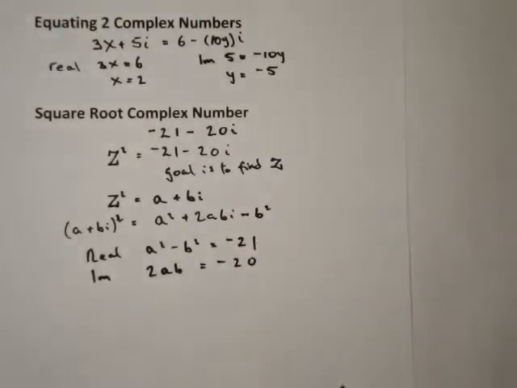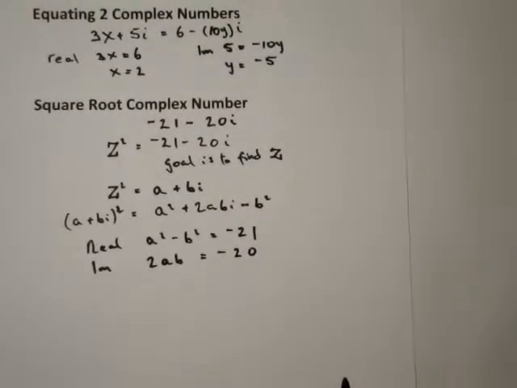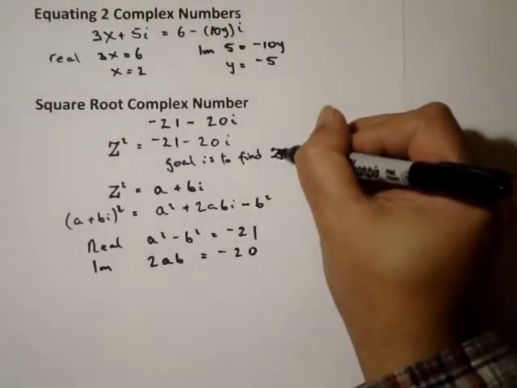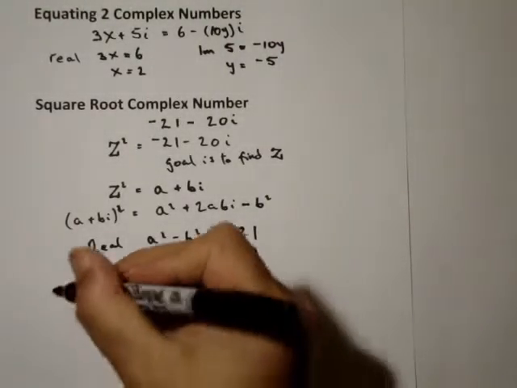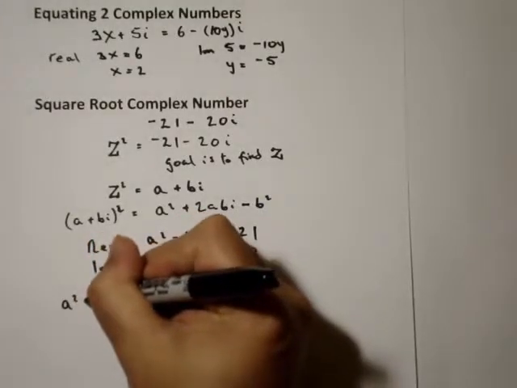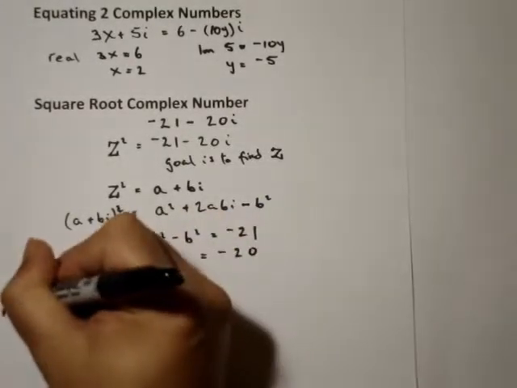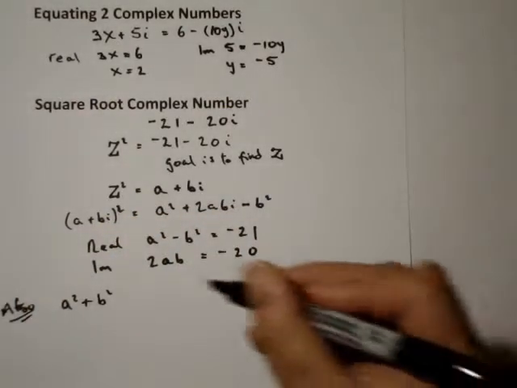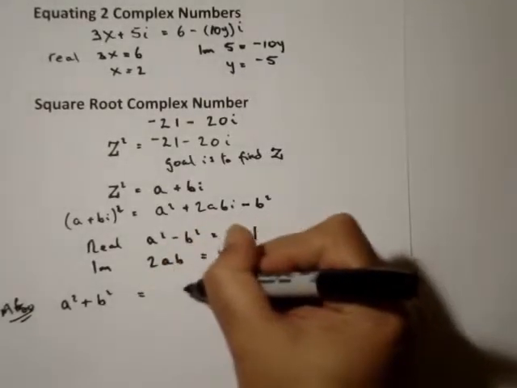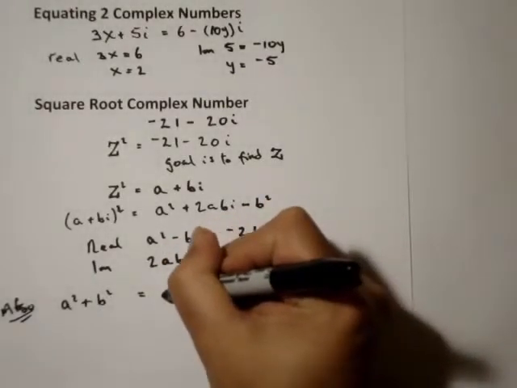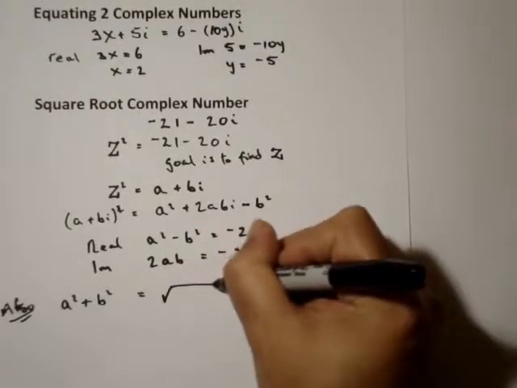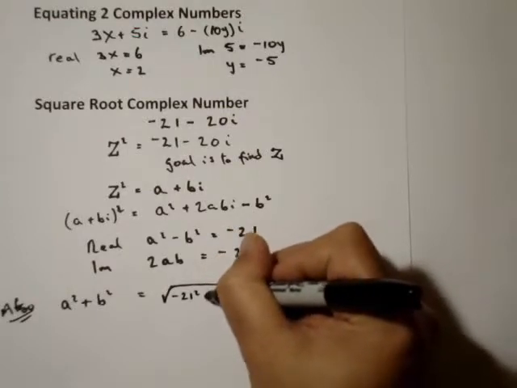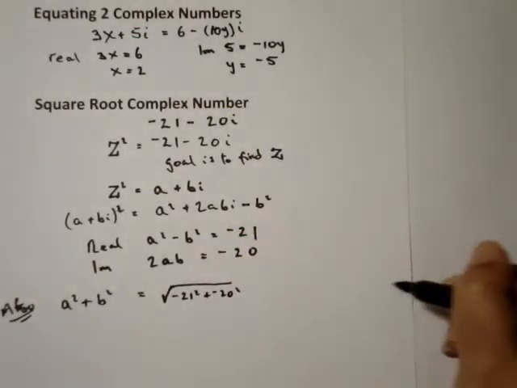Now the other thing is, because the modulus, as we discussed previously, is the same for the root, so also this is quite important, because the modulus is the same, our a squared plus b squared is equal to the square root of minus 21 squared plus minus 20 squared.